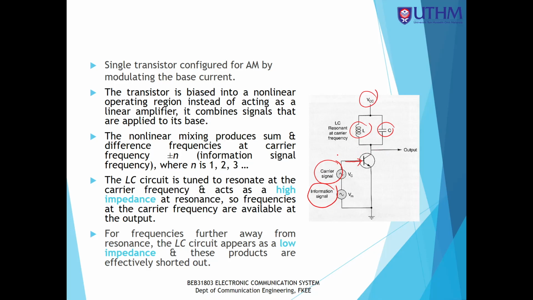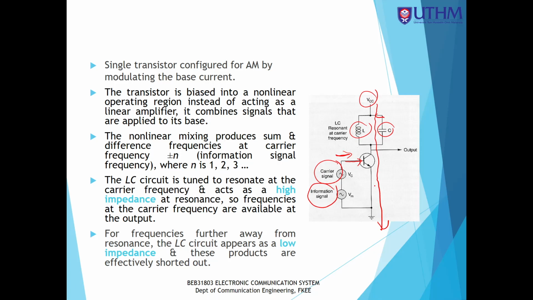When the current at the base is more than the transistor's base threshold limit, the transistor will function as a closed circuit, so the current can flow from the collector to the emitter.